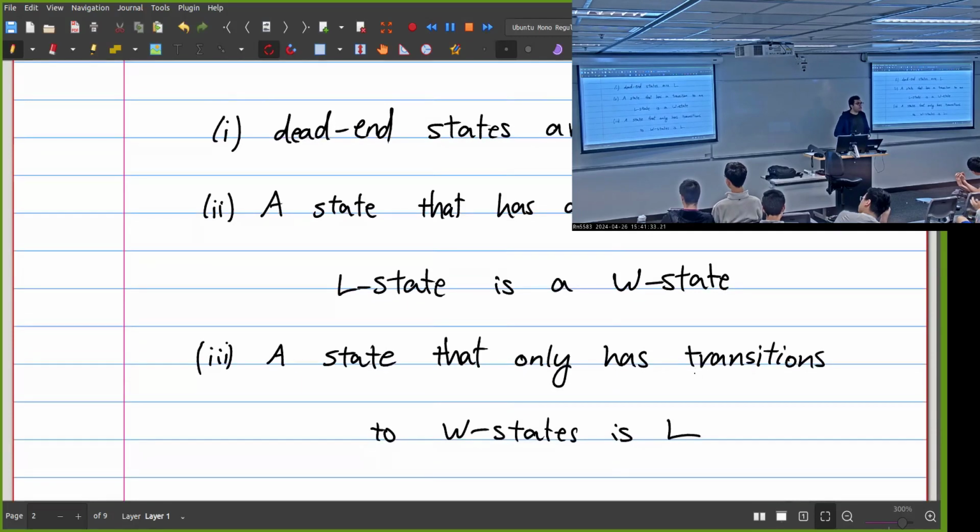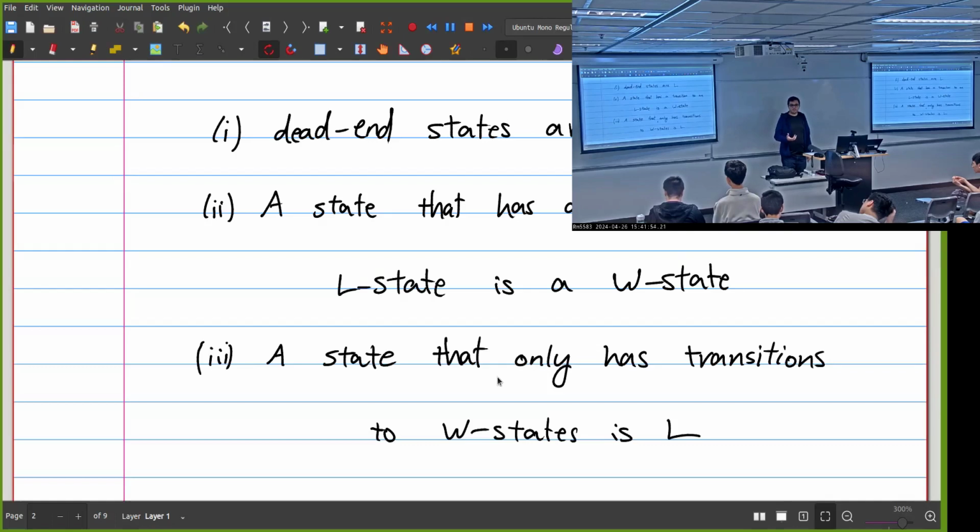So all I need to do is to find a condition that I can easily check for the losing states or for the winning states, and then just prove that this condition satisfies these properties. So maybe my condition is that the first number should be odd and the second number should be even.